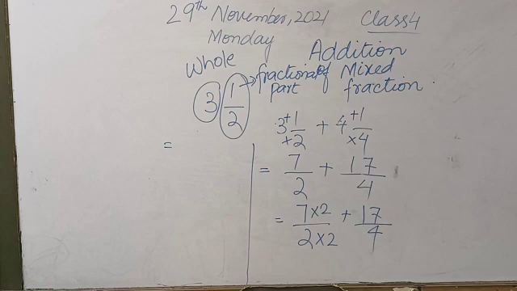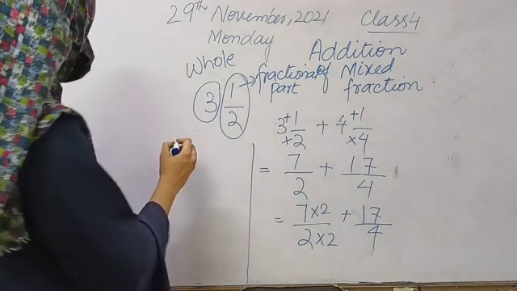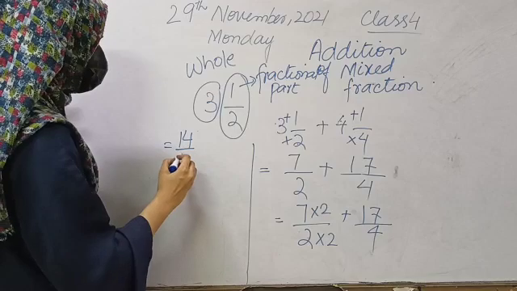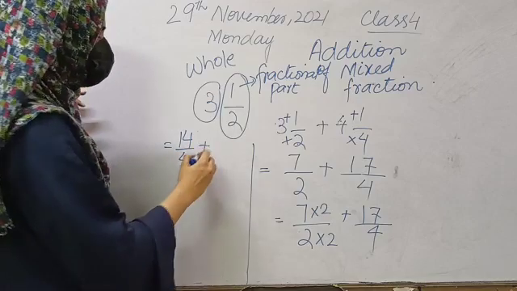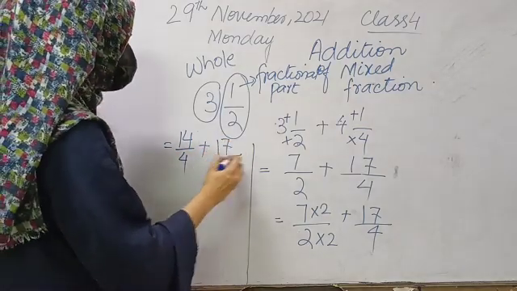When we will multiply the number in denominator to make denominator same, we will also multiply the same number in numerator. ठीक है, जो हम नीचे मल्टीप्लाई करेंगे उसी सेम नंबर के साथ हम ऊपर भी करते हैं. This is the rule of equivalent fraction. Fine. Now the next fraction will become 14 by 4, plus sign, then we have 17 by 4.